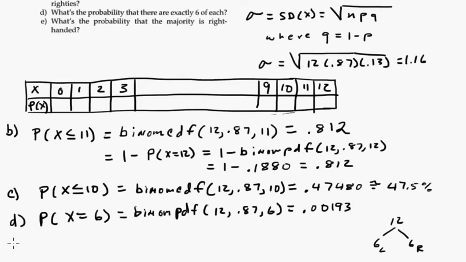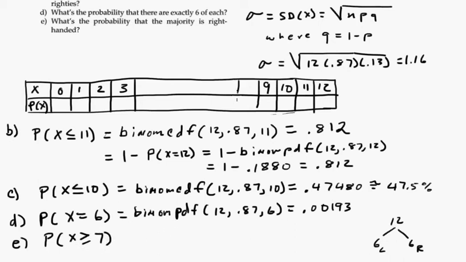Okay, so we got time for a little more abuse. What's the probability that the majority is right-handed? So that would be you'd have to be greater than 6, right? Greater than 6, so greater than or equal to 7.